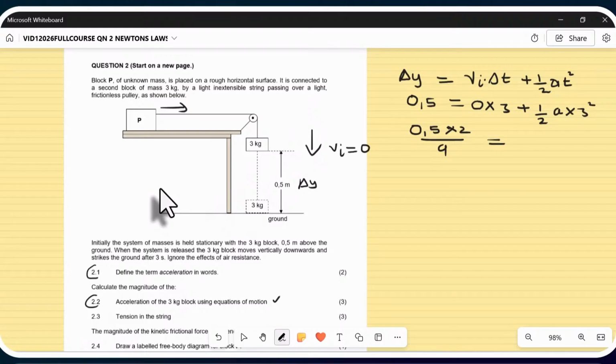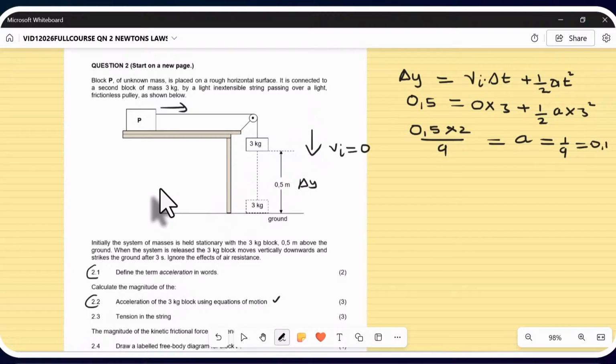So if I use F net equals Ma, since it is in motion, then I can say the force of gravity, that's Fg, minus the tension should give me Ma.